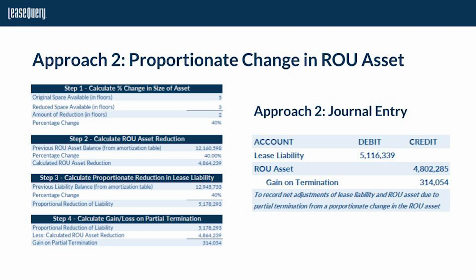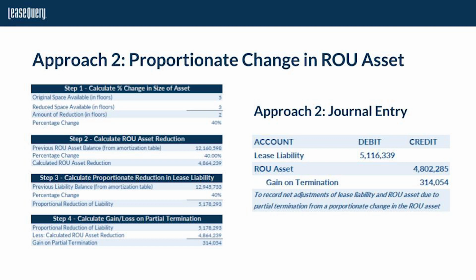So note here in approach 2, we're using the same reduction amount in the lease liability from approach 1. The gain is going to be the gain calculated from comparing the calculated proportionate change in the lease liability with the calculated change in the right of use asset.